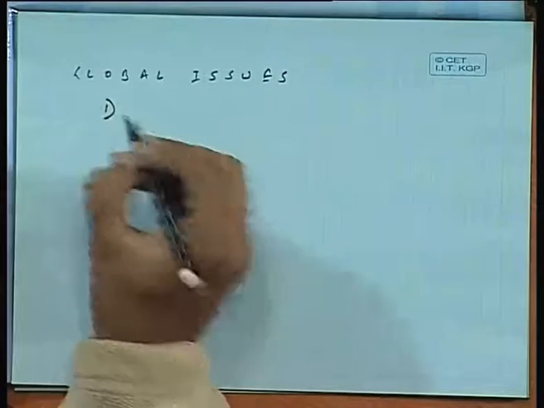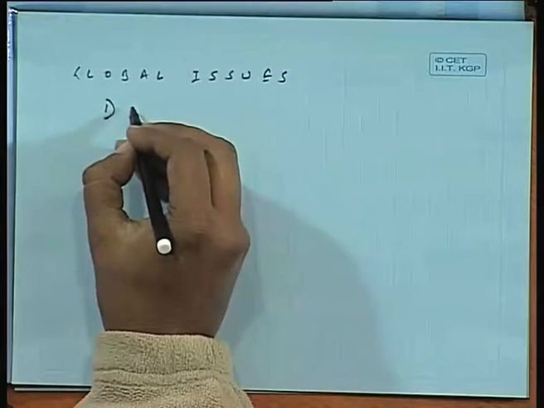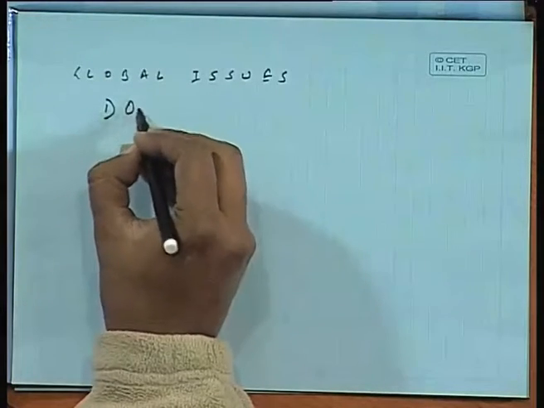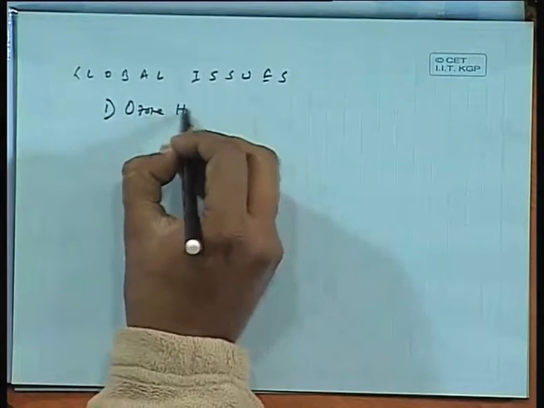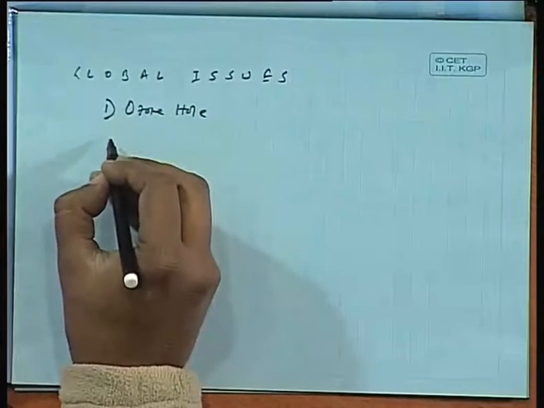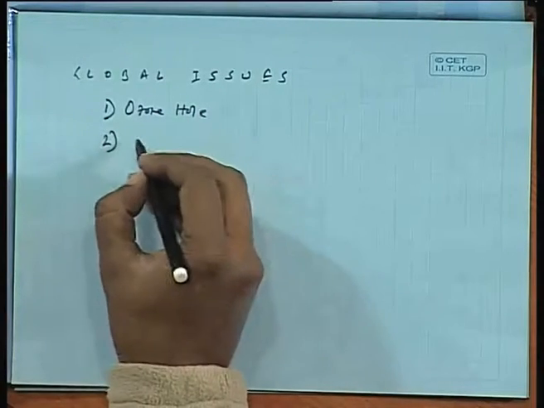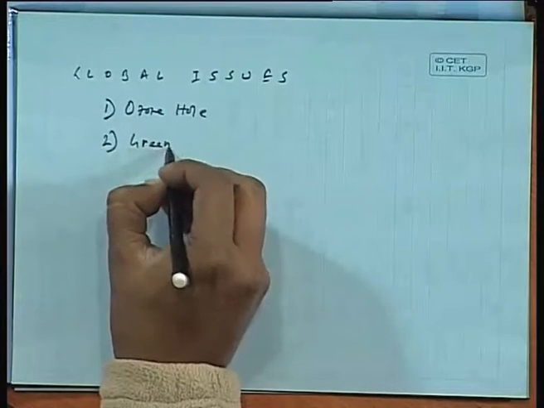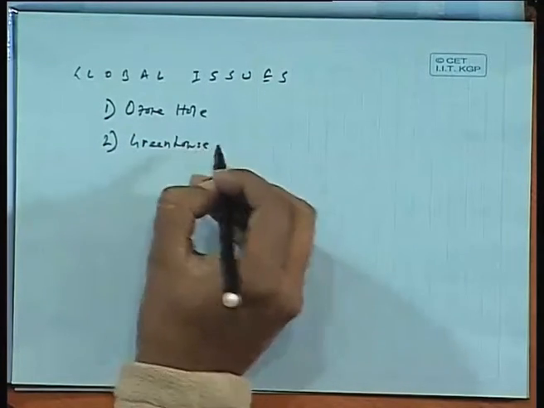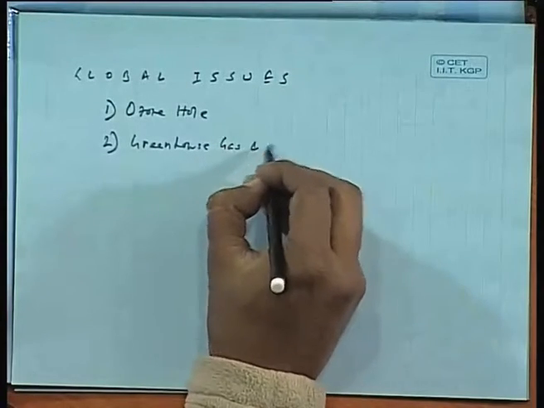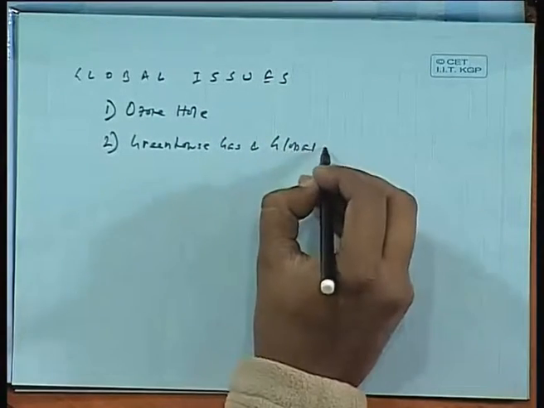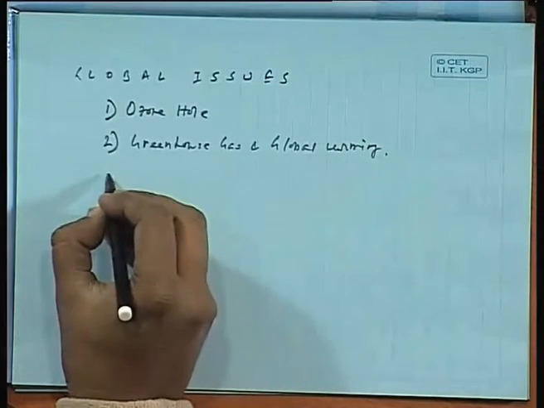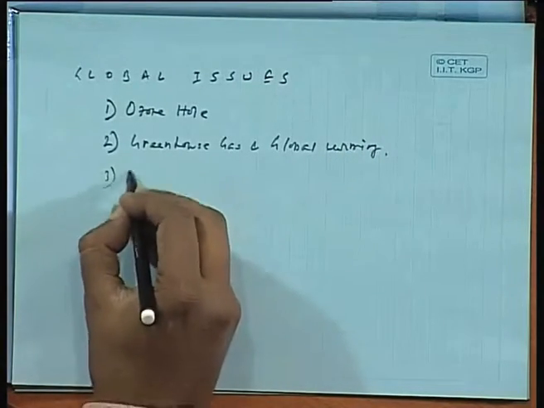One of them is certainly the ozone hole. Two is the greenhouse gas and global warming, and the third one is the acid rain.